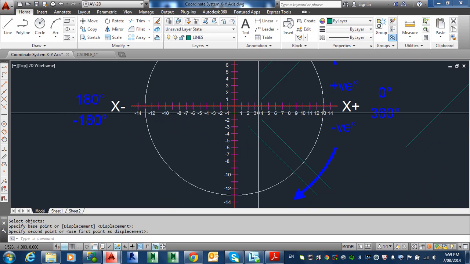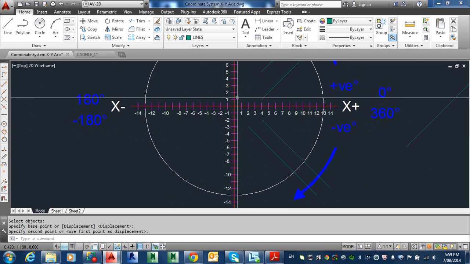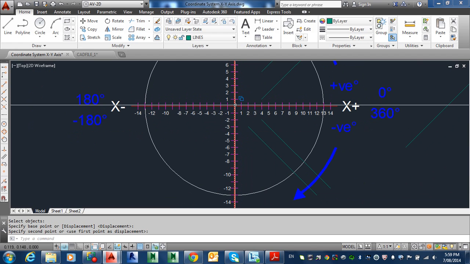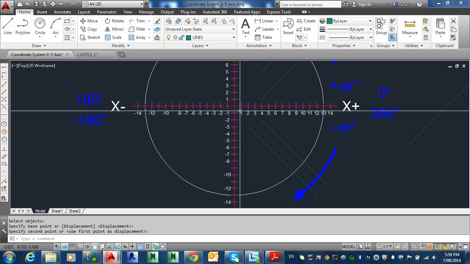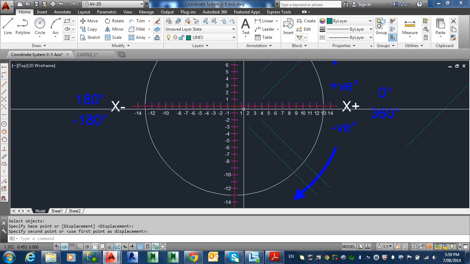I said minus 45, which means it's gone clockwise from the 0. But it's the same as going all the way around anti-clockwise to 315. It's still a 45 degree angle. So you can enter your angles either positive or negative.